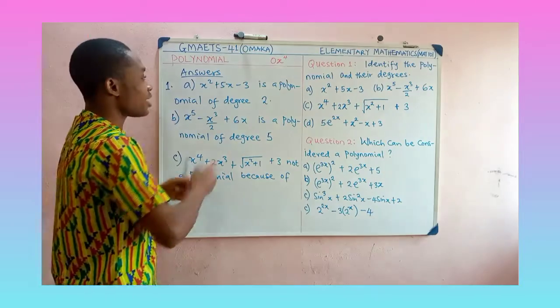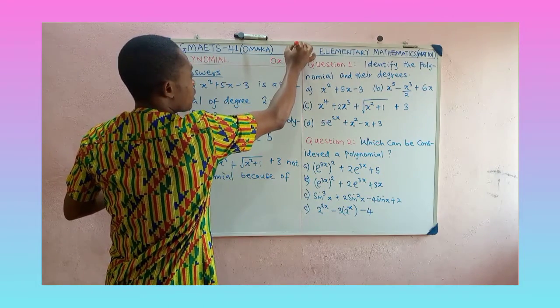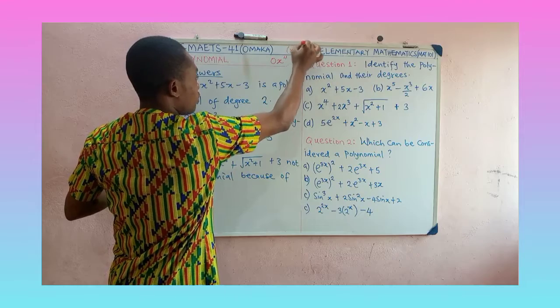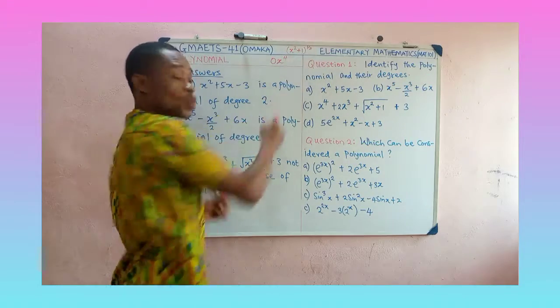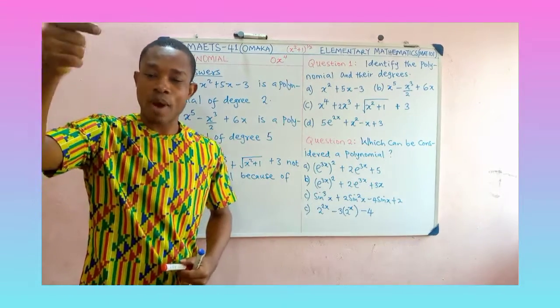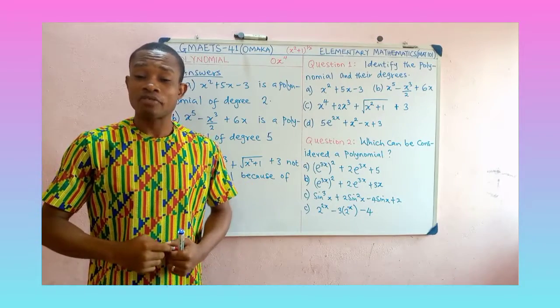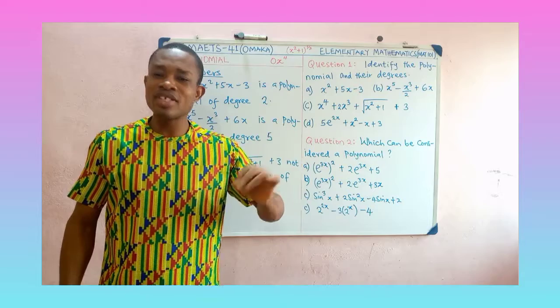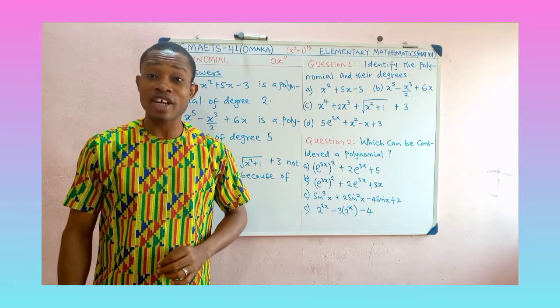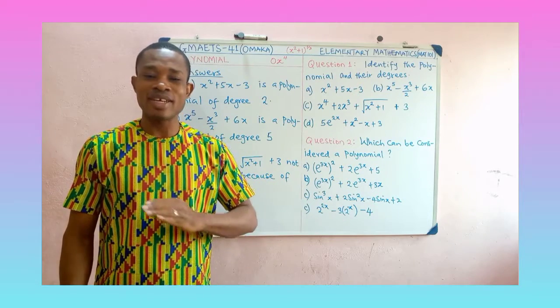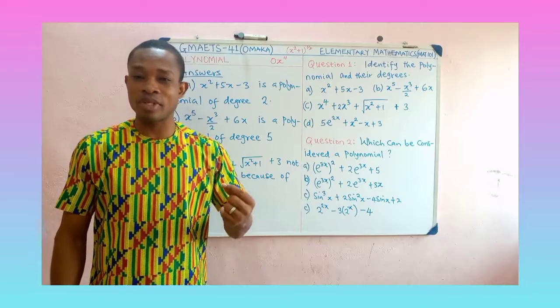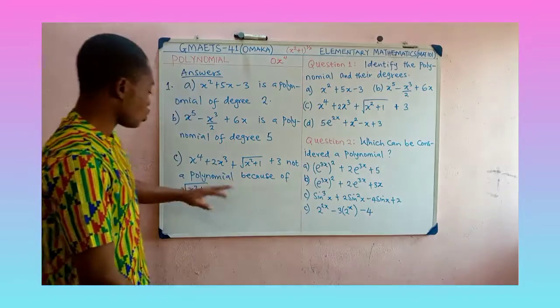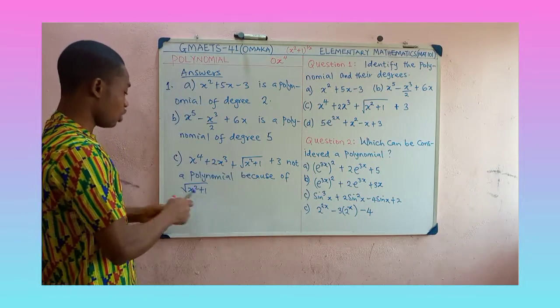This is the same as writing x squared plus 1, everything raised to power half. Square root means raised to the power of what? 1/2. And you know that the powers of the variable are not expected to be a fraction. They are also not expected to be a negative integer if it must be a polynomial. So this is why this expression is not a polynomial.